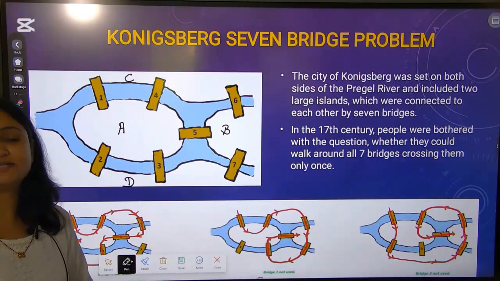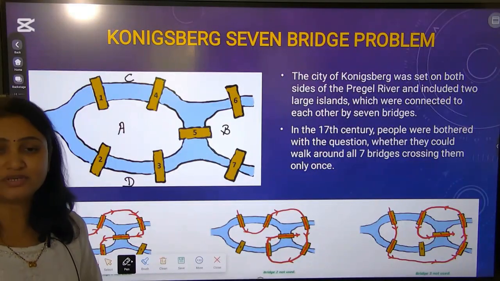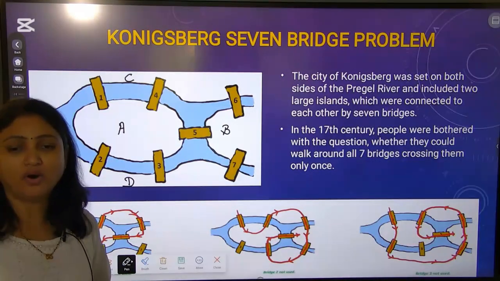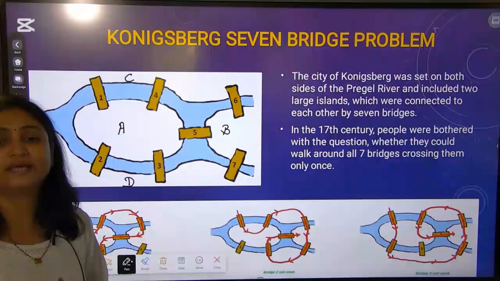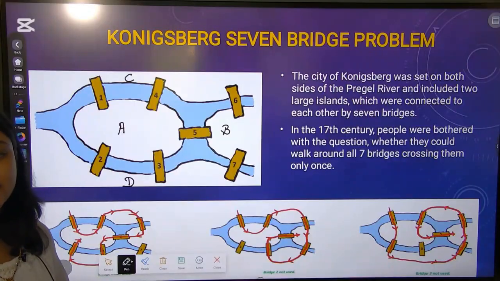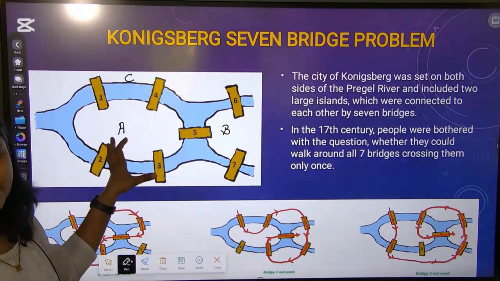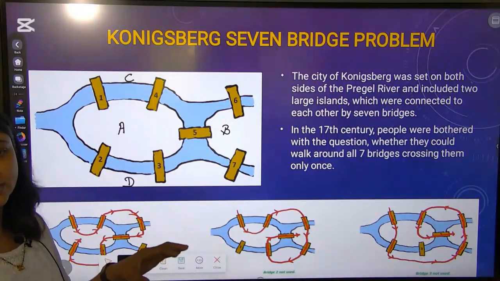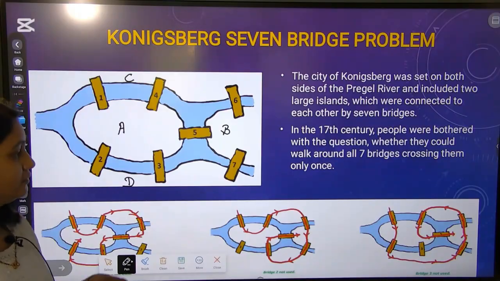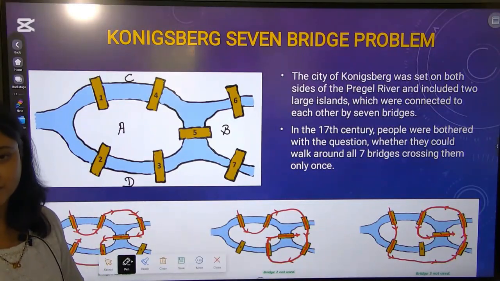Now in the 17th century, people were bothered with the question whether they could walk around all 7 bridges, crossing them only once. So this is the problem of people, that they want to travel each bridge only once.